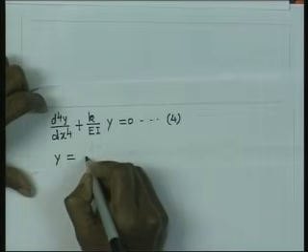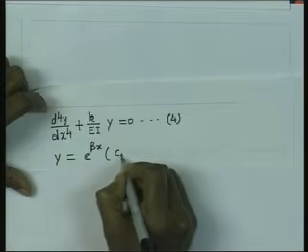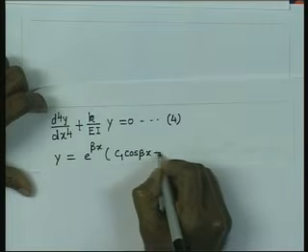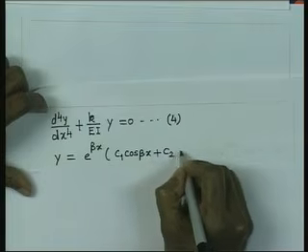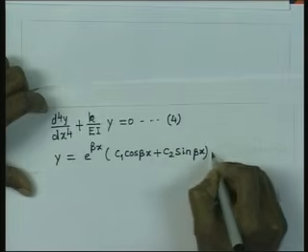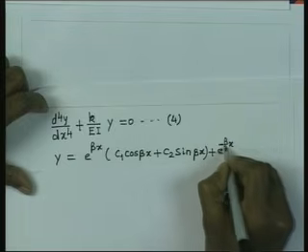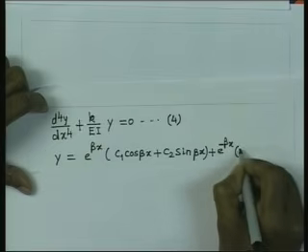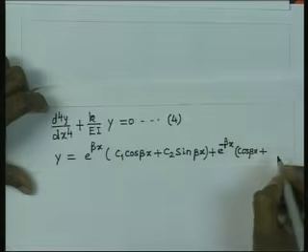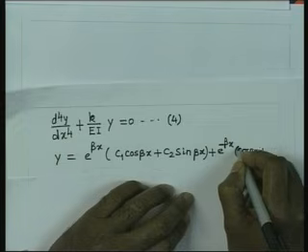y is equal to e to the power beta x into C1 cosine beta x plus C2 sin beta x plus e to the power minus beta x into, I am sorry, there should be C3 here.